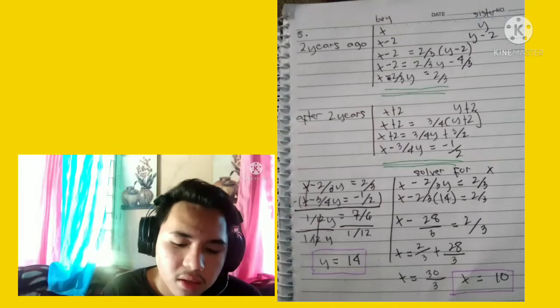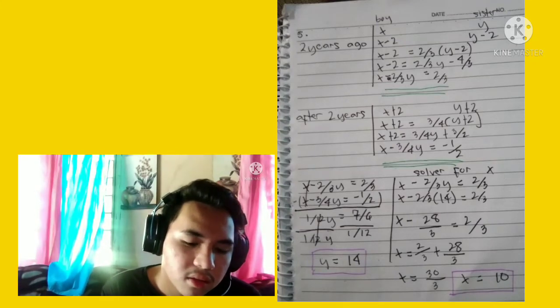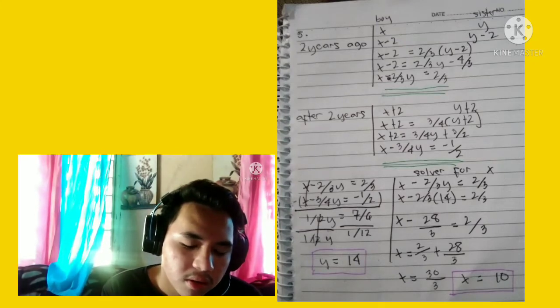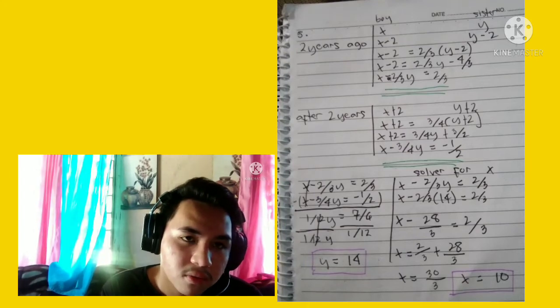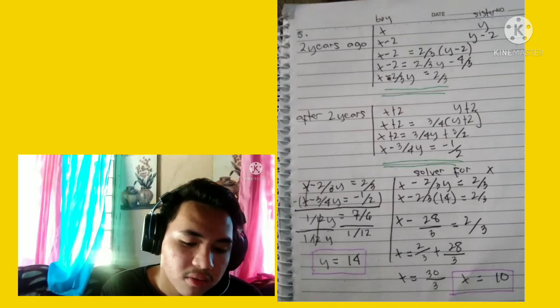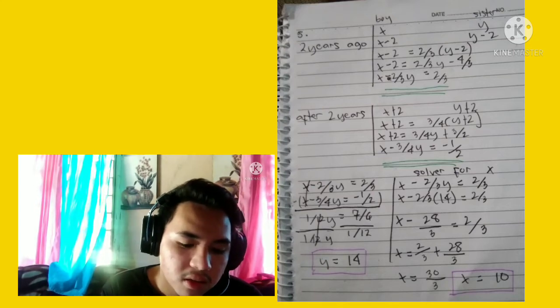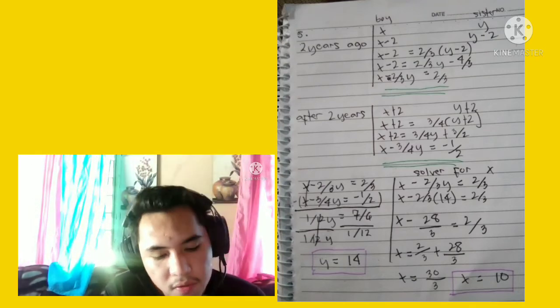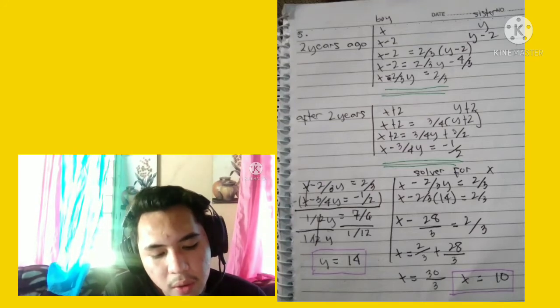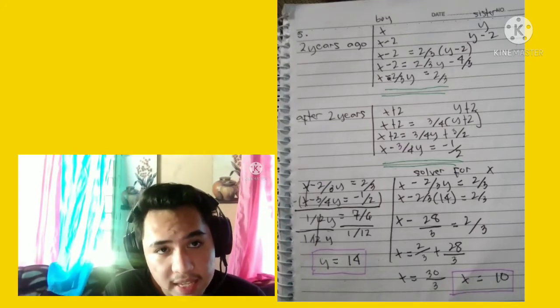So now we have negative 2/3 y plus 3/4 y, and we will get 1/12 y equals 2/3 plus 1/2. Negative times negative is positive, so we will get 7/6. So divide both sides by 1/12. So now our y is equal to 14.